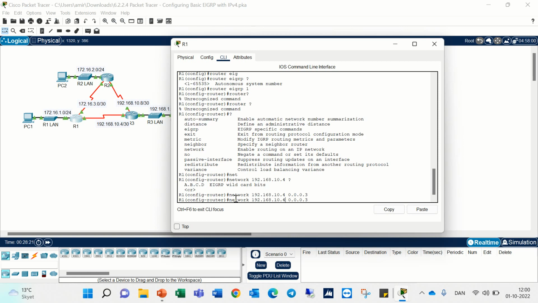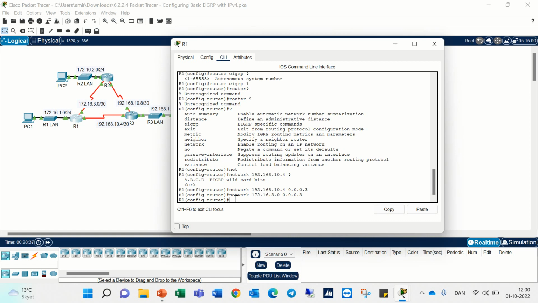And also we have another here, 172.16.3.0, and we have also 10. This is /24, and you should use this wildcard mask here.